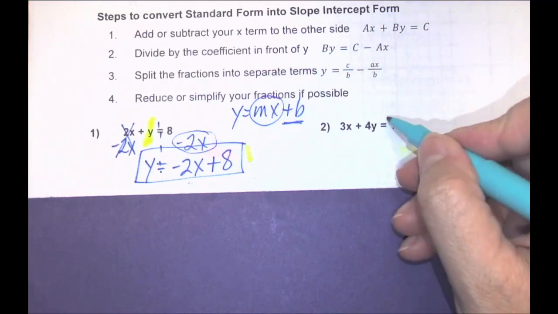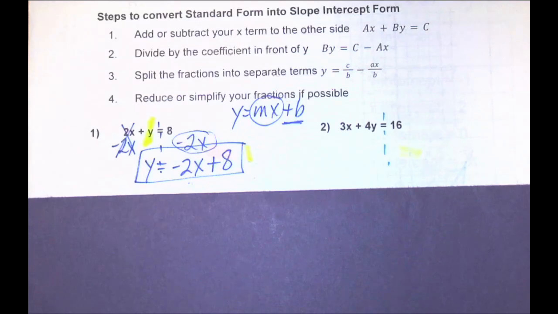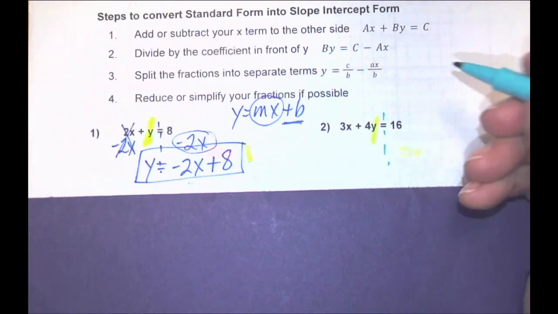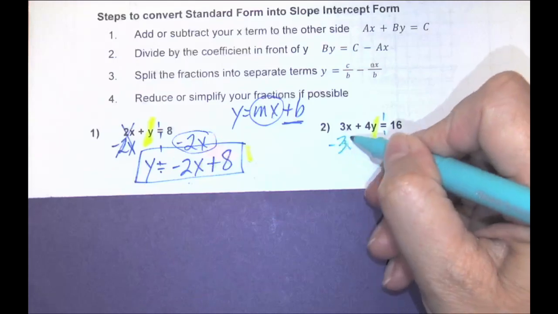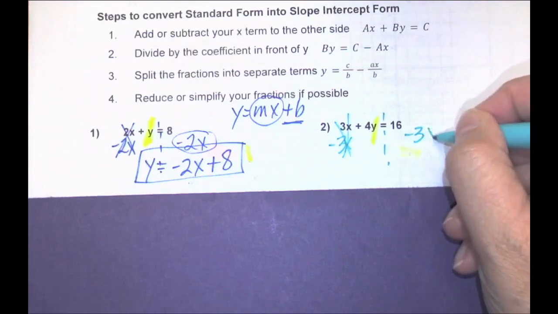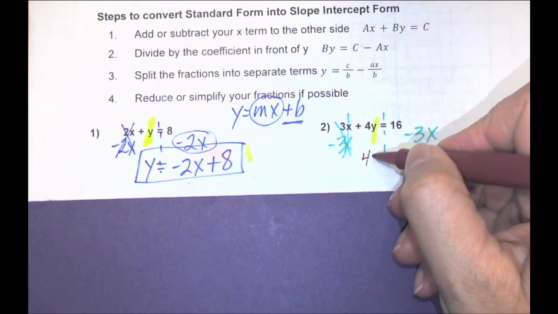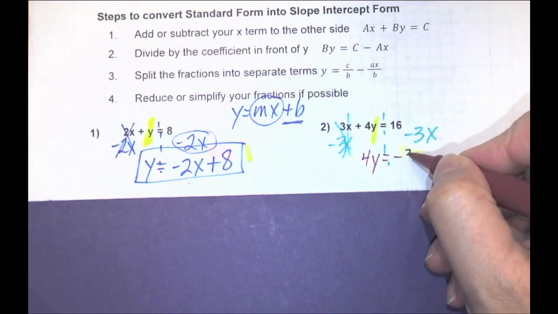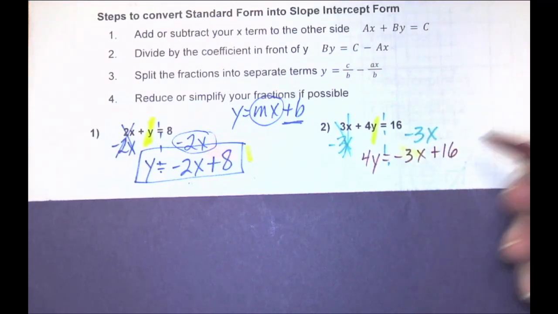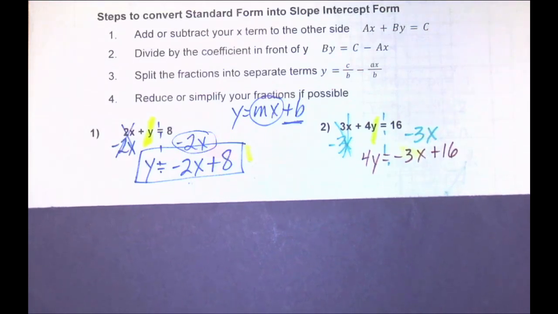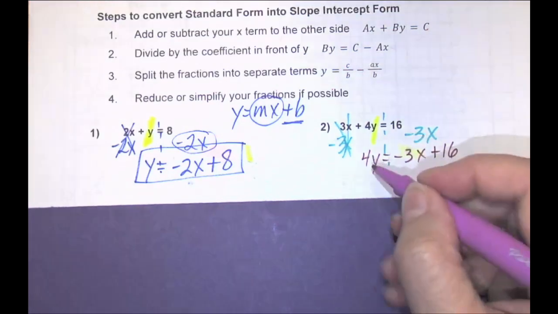Let's look at a 2-step one. Remember, my goal is to get y alone and have y equals mx plus b. The first thing I do is get rid of the x's. Let's just rewrite this. 4y equals negative 3x plus 16. All I did was rewrite it and change the order. I didn't do any sneaky math there. Now, I need to get rid of that 4.